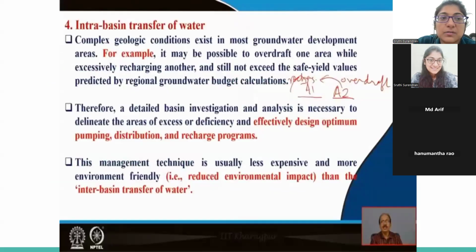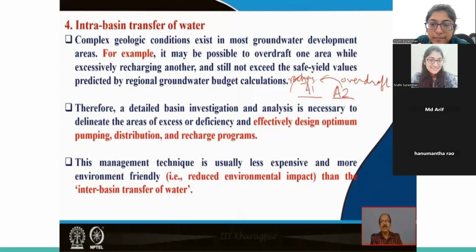Intrabasin transfer of water is nothing but when we effectively find techniques to say, within a basin there are several water bodies, rivers, streams, ponds, etc. When one water body is undergoing a depletion of its resources, then utilization of the water available in another water body within the basin itself is what is involved in intrabasin transfer of water.